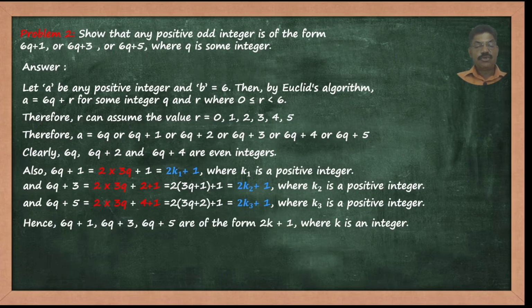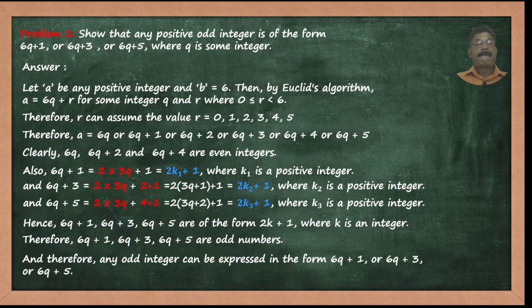Hence, 6q plus 1, 6q plus 3, 6q plus 5 are of the form 2k plus 1, where k is an integer. Therefore, all these numbers are odd numbers. So, if a is an odd number, definitely these are all its forms. Hence, the problem is solved.